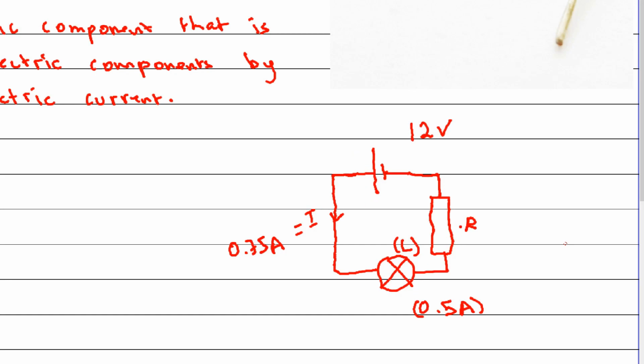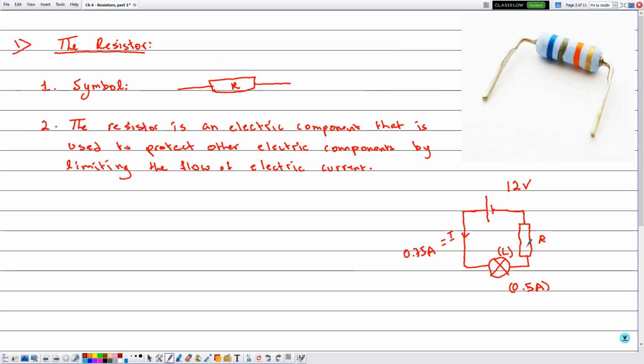Now, because we have added a resistor in series with the lamp, so this current will decrease, say for example to 0.5 amperes, and this is the role of the resistor, because the resistor is an electric component that is used to protect other electric components by limiting the flow of electric current. And because now the electric current, which is given by 0.5 amperes, which is the traverse current, is equal to the rated current, then the lamp L will function normally.